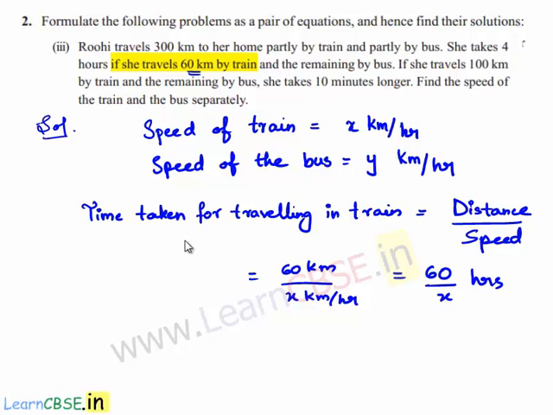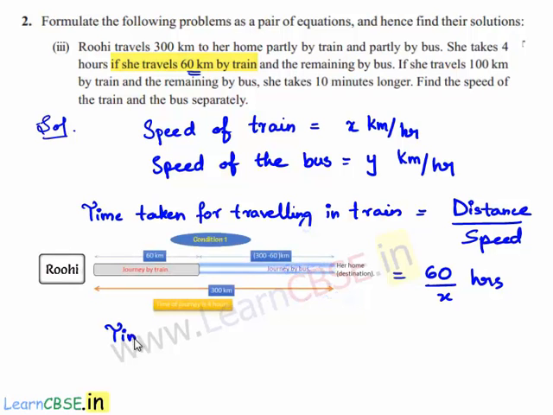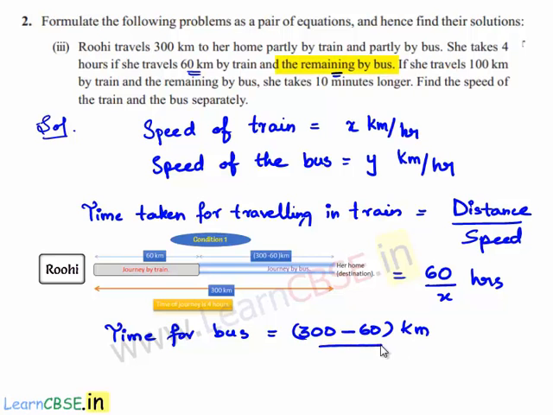And the time taken for traveling in bus is equal to distance, which is nothing but the remaining distance, that is 300 minus 60 kilometers, divided by speed, which is y kilometer per hour.